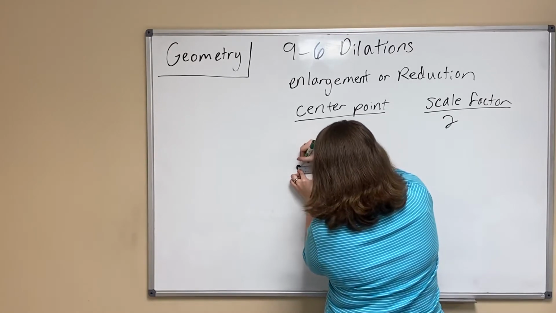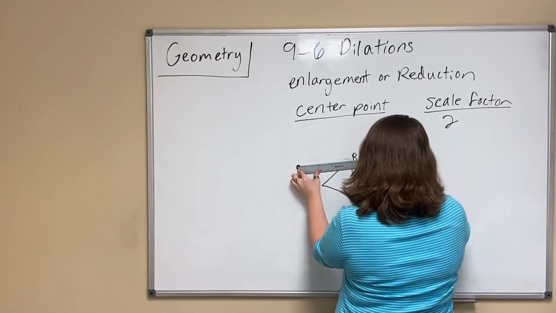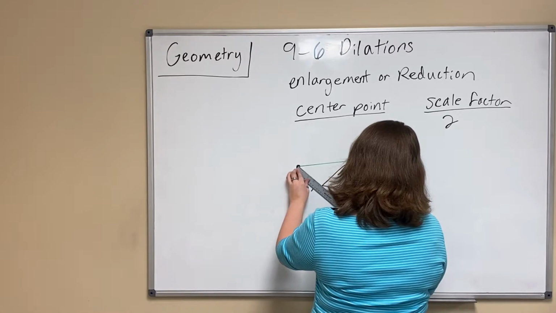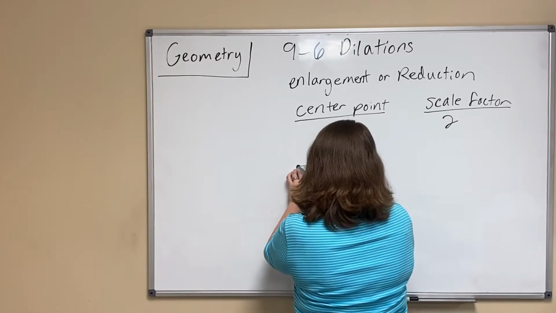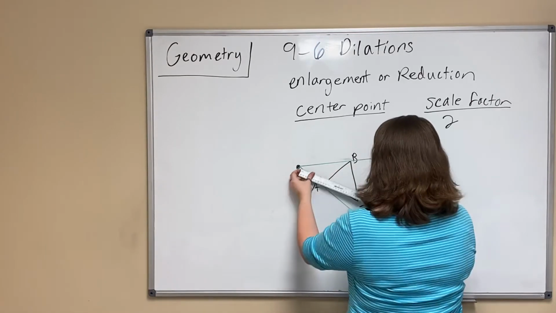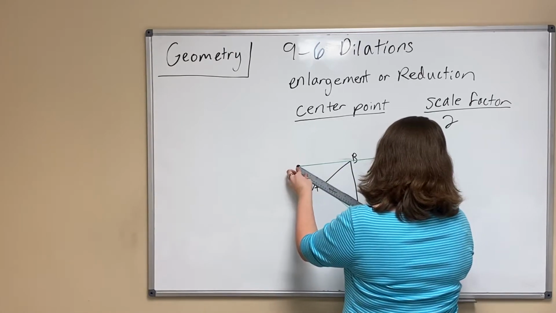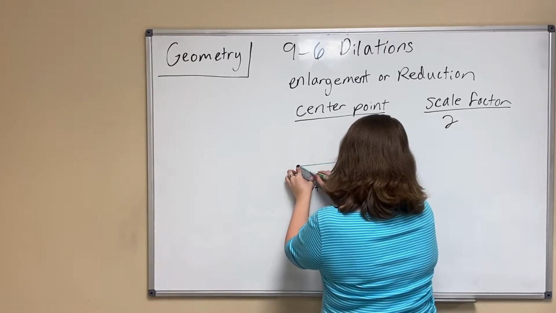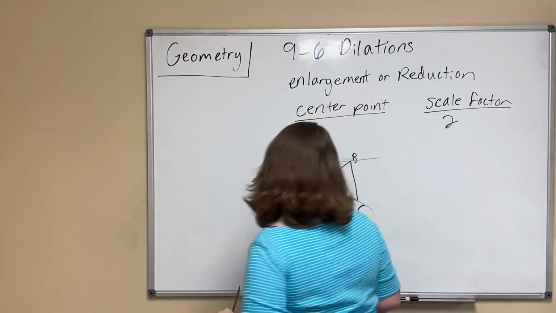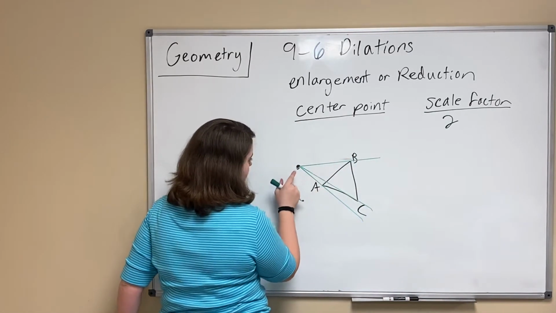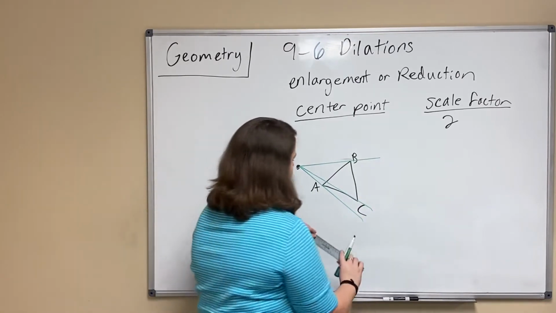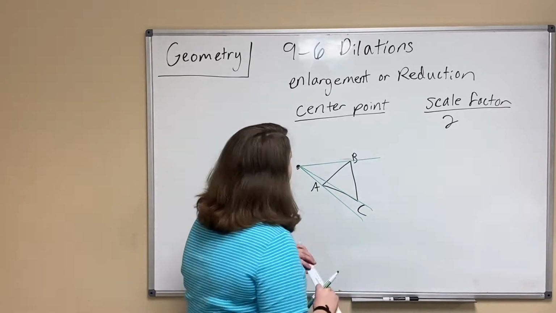I'm going to make sure that this line extends past my shape, and I'm going to do this for all 3: A, B, and now here's C. Okay, so I have these 3 lines from my center point through each of these points. I may need to extend them in a bit.